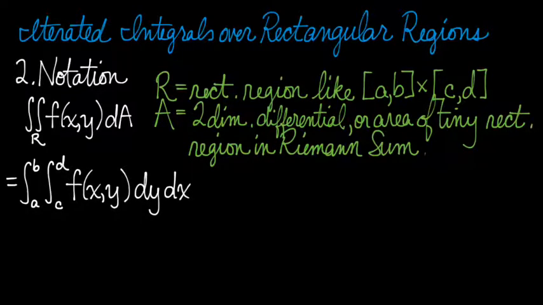Here's something cool. You can always do a double integral by expressing it as an iterated integral and following the rules that were on the previous slide. I think it's important to mention that when you have this notation with the two integral symbols and the R and the dA, this is a double integral, not an iterated integral.